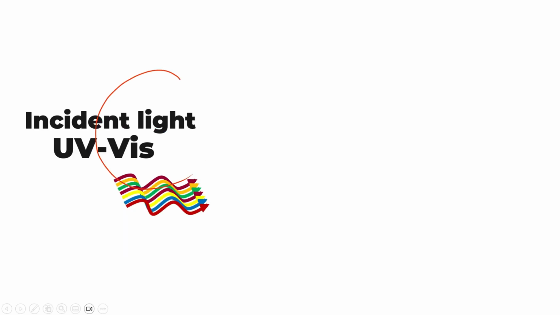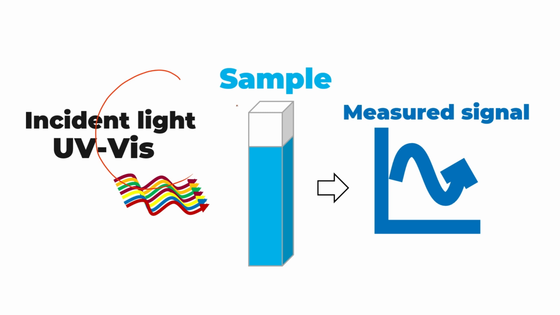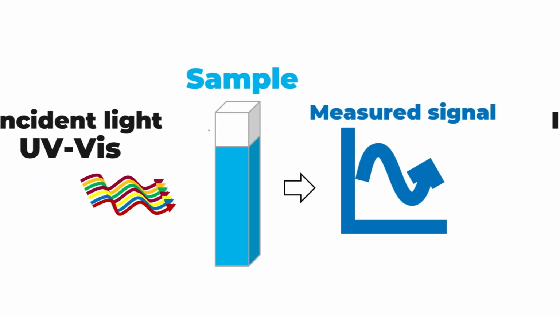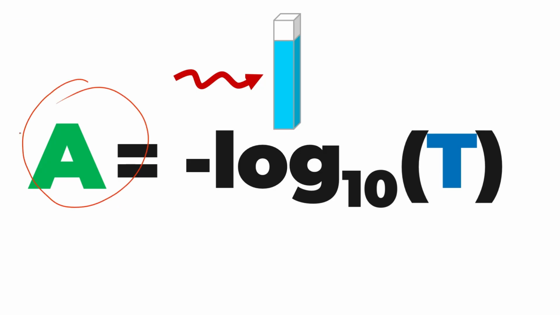UV-Vis is light in. Light interacts with the sample. The detector measures what comes out. Absorption happens when photons promote electrons, and we record that as a spectrum. This is absorbance.